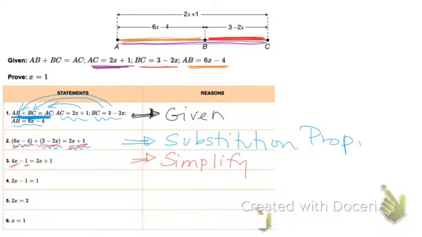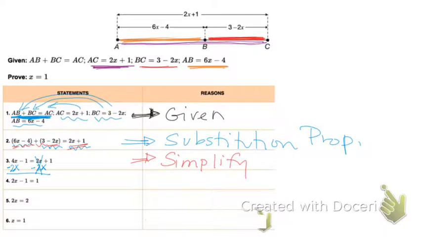Now let's see, what did I do from step 3 to step 4? Now to solve this equation, I need to move all the variables over to one side. You see that 2x isn't on the right side anymore. I must have subtracted 2x, and then I subtracted 2x here.